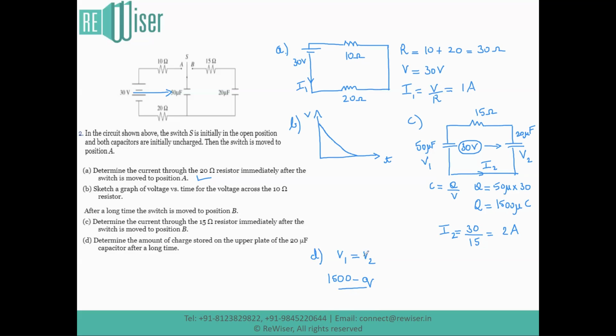The voltage across the first capacitor, with capacitance 50 microfarad, is (1500 minus Q) divided by 50. This is equal to the voltage across the second capacitor, the 20 microfarad one, which has a total of Q charge, which it took from the first capacitor, divided by its capacitance, 20 microfarad. So the values cancel here as such, and you can simplify it further. Simplified, the value of Q is exactly 429 microcoulomb. So this is the amount of charge stored.